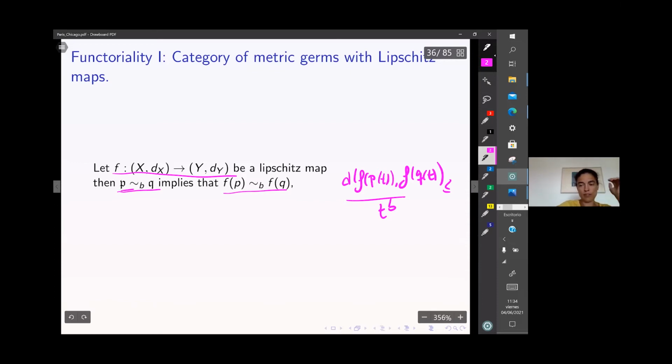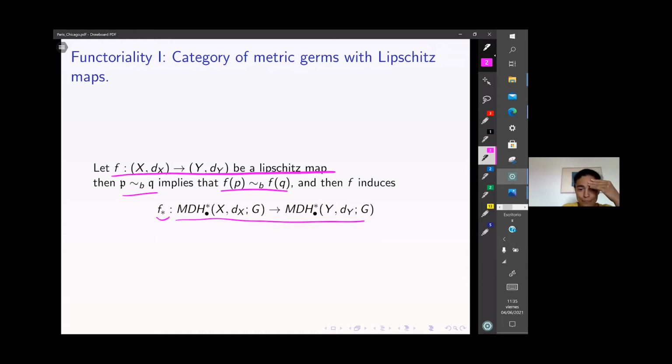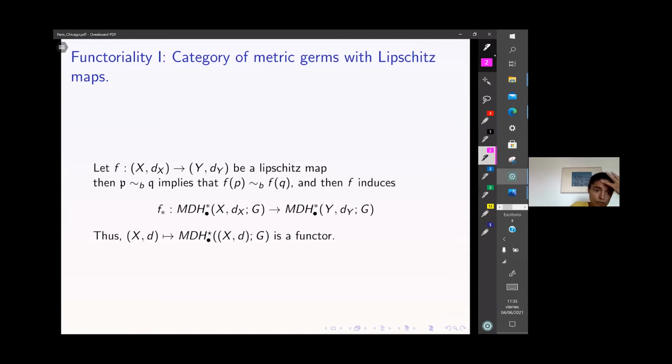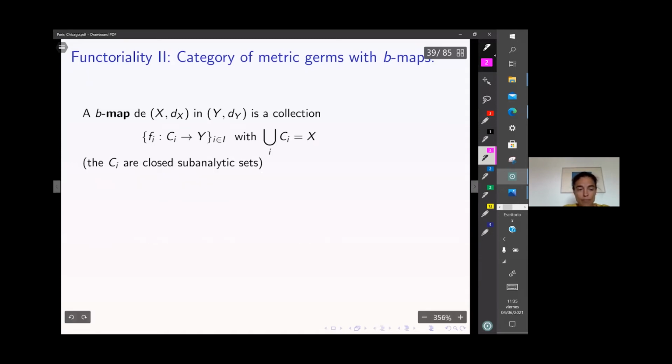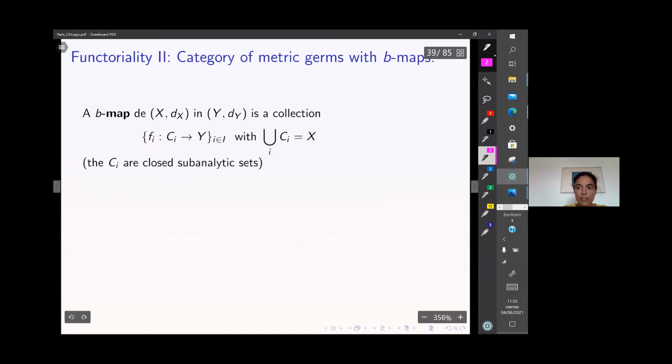Okay, this is trivial. Then you can also push simplices forward and have the induced mappings at the level of the chain complexes, and you go down to the homology. So a Lipschitz map induces a mapping in homology. In other words, the moderately discontinuous homology is a functor from the category of subanalytic germs with subanalytic metrics and Lipschitz maps.